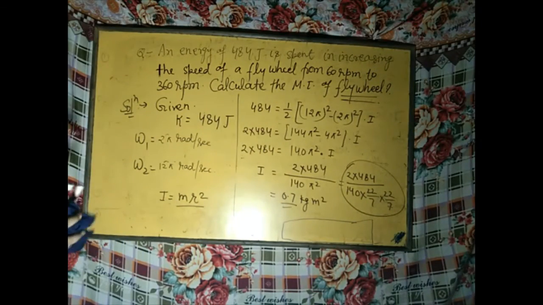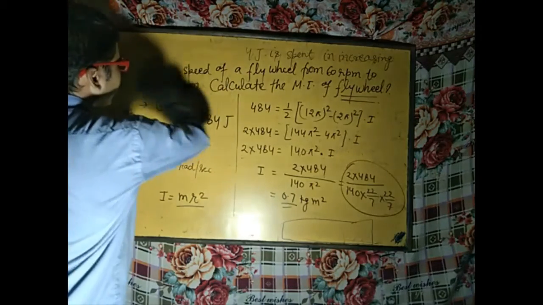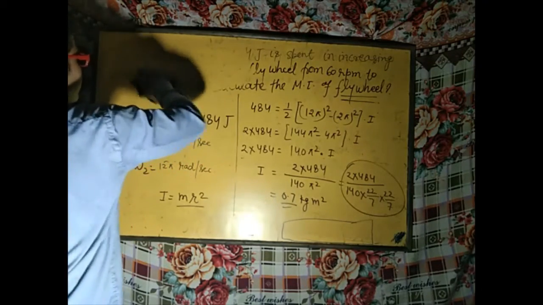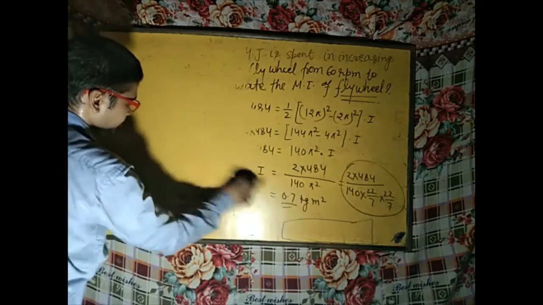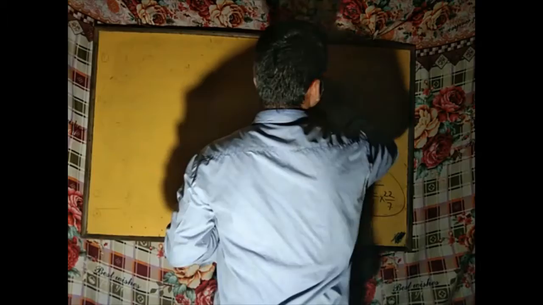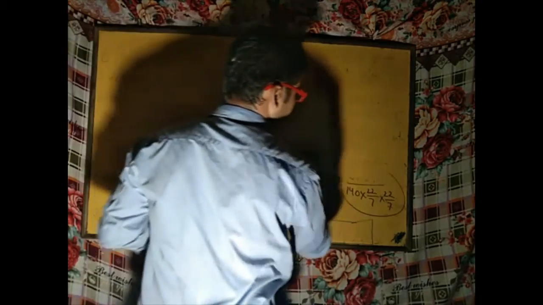So students, I hope you understand this question. Now we are ready to know the moment of inertia of some important shapes about some axis. So I am going to give you some homework.